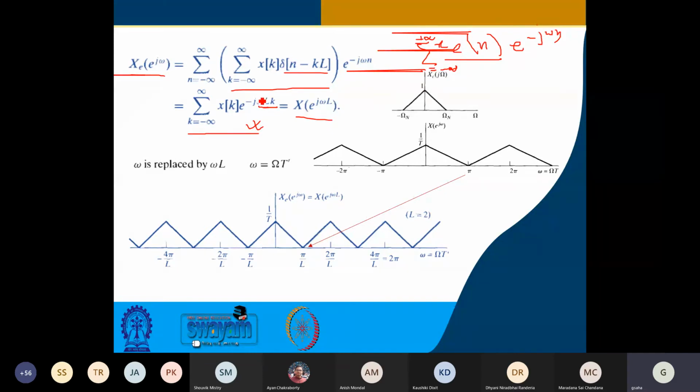This is a modified omega prime, you can say. So this is omega prime, where omega prime is omega L. Okay, is it clear?